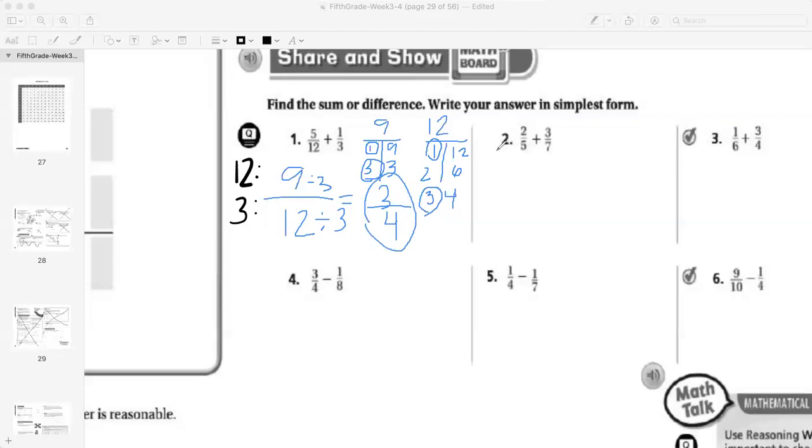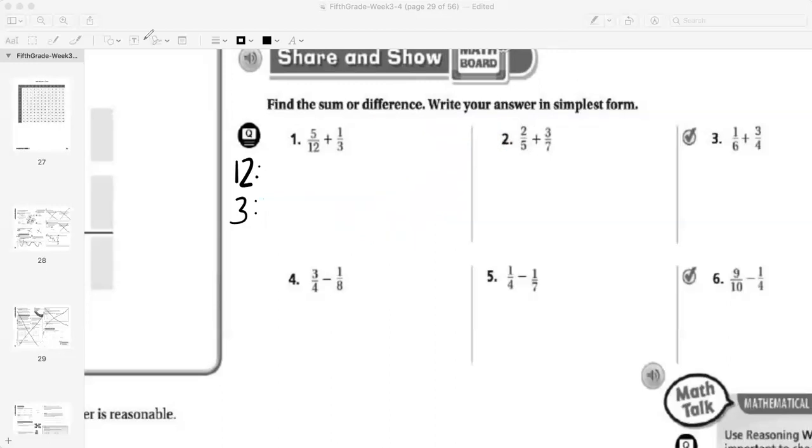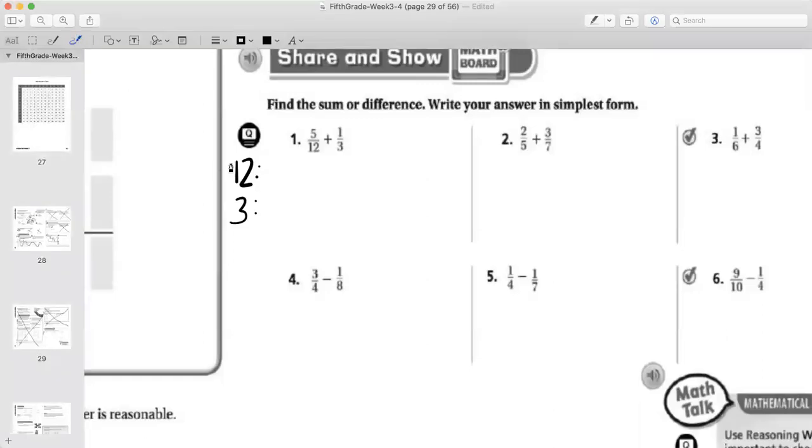Okay, so I would like you to do problem 2. Well, I guess I'll tell you which ones I want you to do in a minute. But I am going to write our answer, 9/12 and 3/4, down so that we have it on here so you don't forget. I am going to delete these random things maybe.